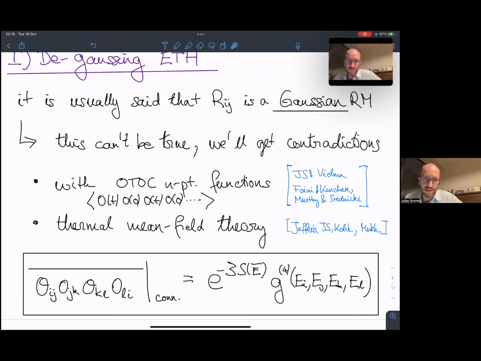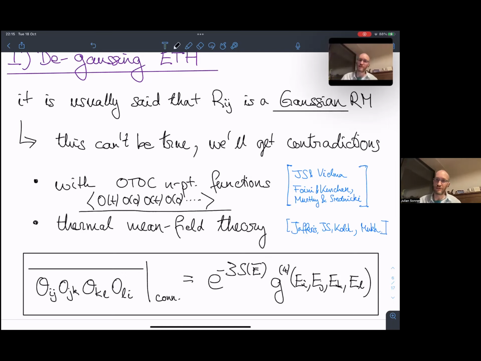What you realize is that if you calculate such OTOCs and assume the Gaussian ETH, they are always trivial in the sense that they just factorize into two-point functions. But all of the interesting physics of these functions lies in the part that doesn't factorize, which is completely absent in the Gaussian approximation of ETH.